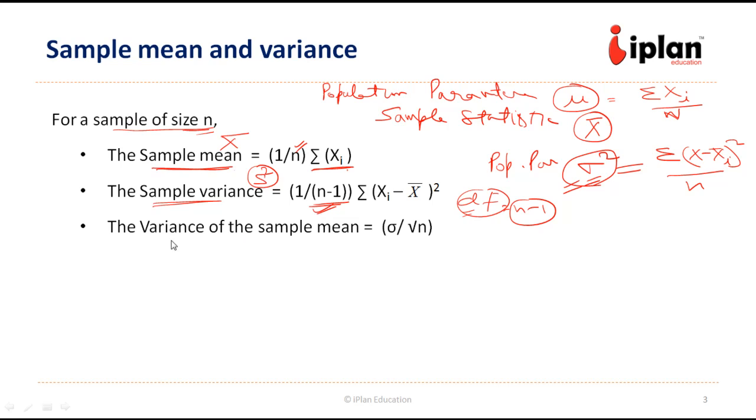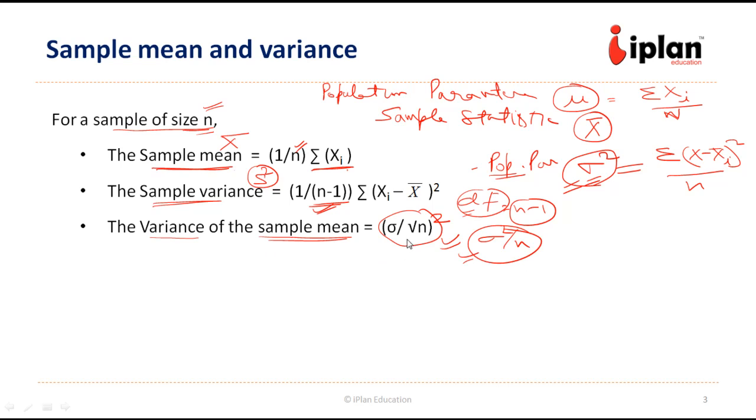Now, if we look at the variance of the sample mean, that is sigma by root n, where sigma is the standard deviation of the population and n is the number of elements in a sample. So this is variance of the sample mean, which will be square of it. This is the standard deviation of the sample mean, which is sigma by root n. The variance is going to be sigma square by n.